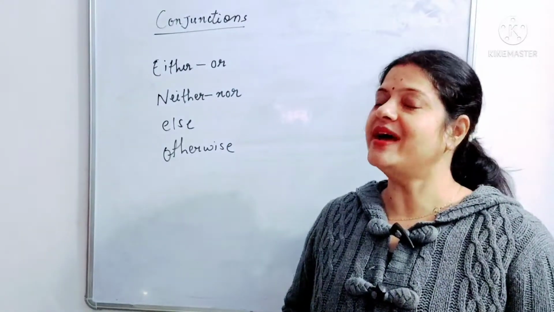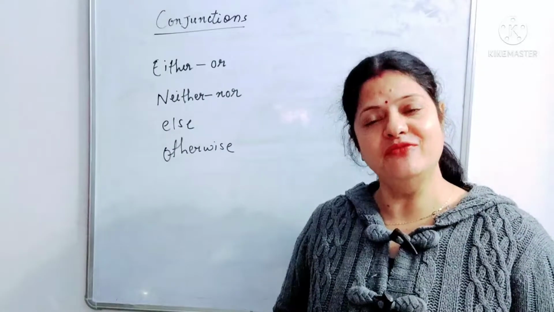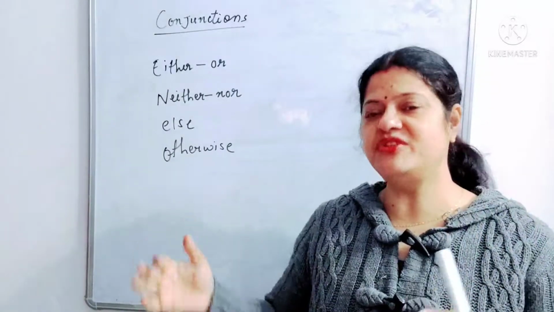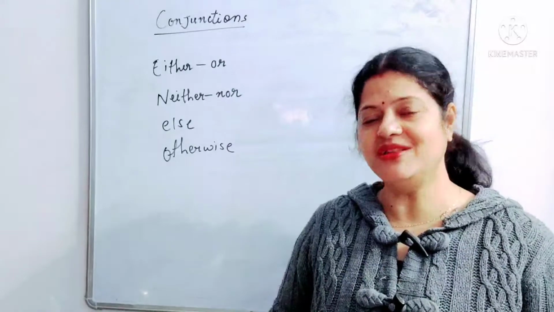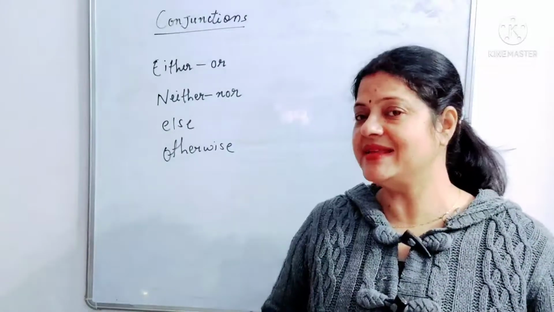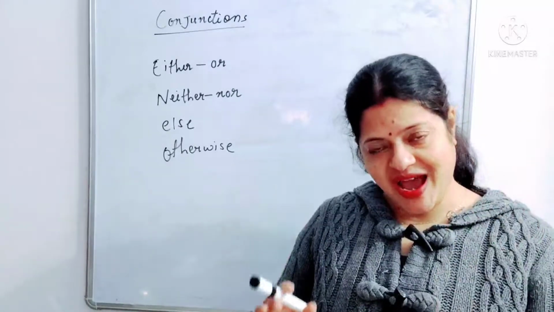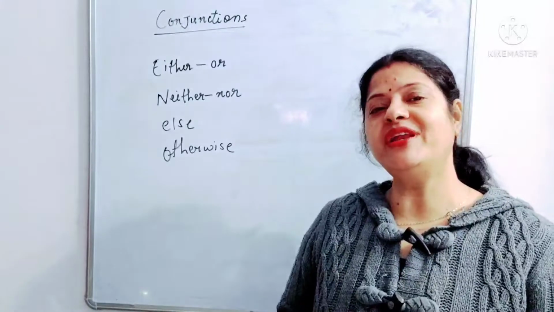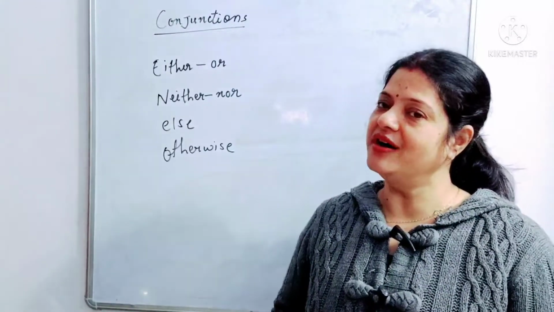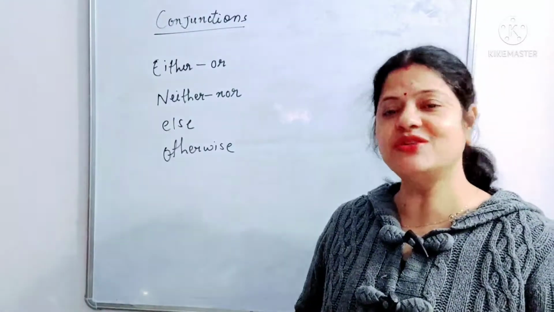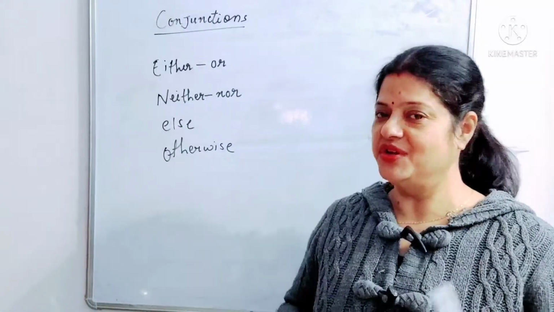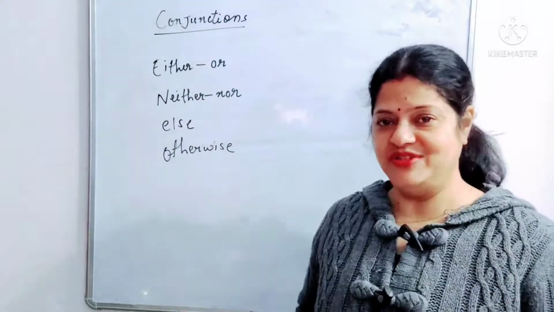We know it very well that in a compound sentence we have 2 principal clauses which are not depending on each other. They all are independent as the name suggests, and they are connected with coordinating conjunctions. So today we are going to discuss what alternative conjunctions used in compound sentences are.